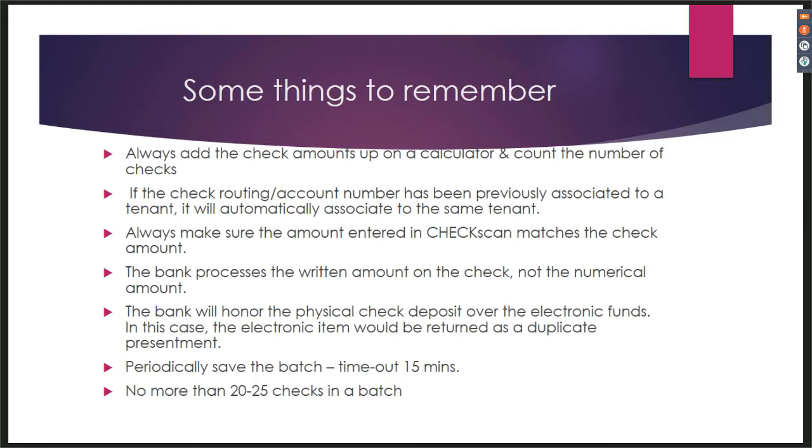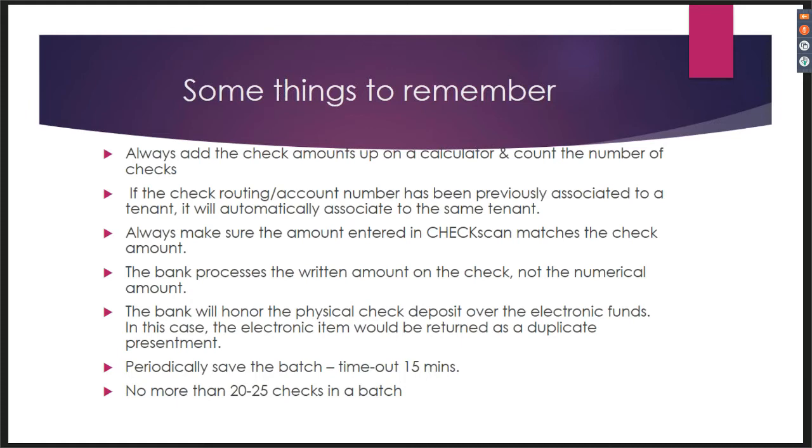Just periodically go up there and click the icon to save the batch. That way it saves everything that you've done so far. And the last one, I mentioned this before, no more than 20 to 25 checks in a Checkscan batch. That just makes it easier. If there is an issue, it makes it easier to locate the issue and figure out how to resolve it.